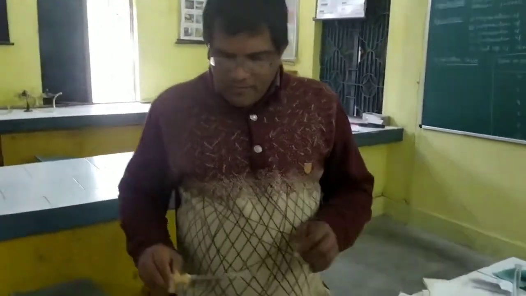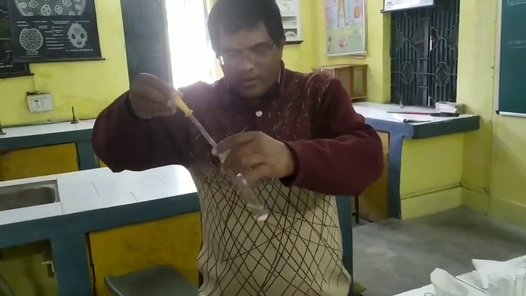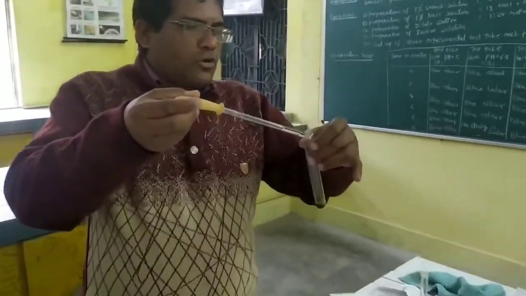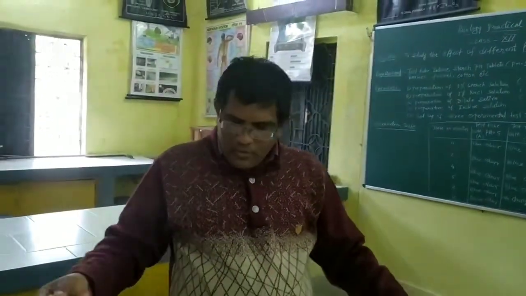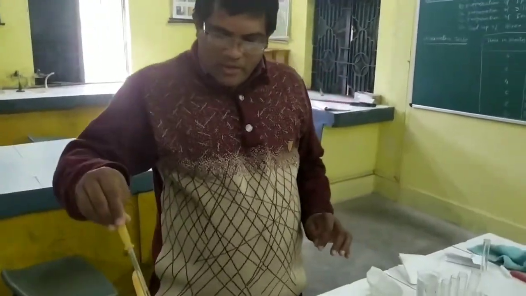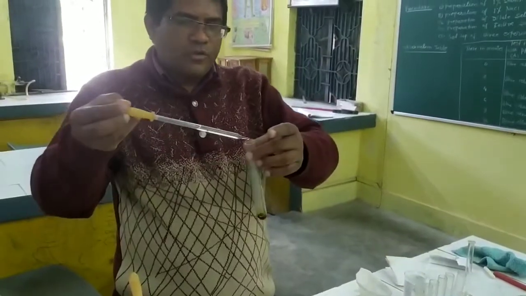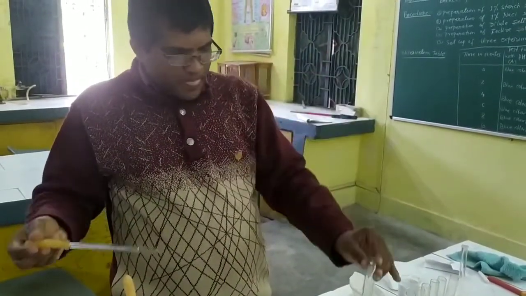Again we have to take the solution from test tube A, then mix it with the iodine, and again the blue-black color comes. Next, from B we take the solution and put it in another test tube. So it is called 2 minute timing, again blue-black color.